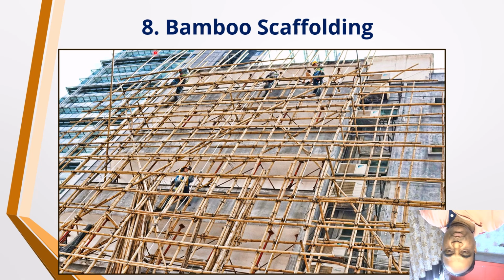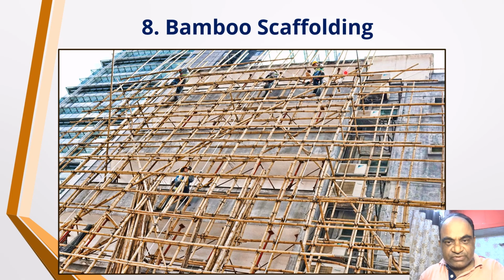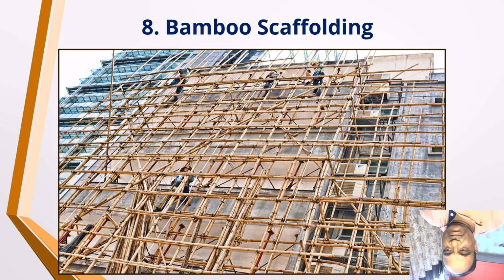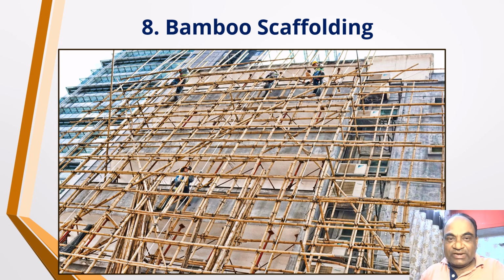So this is a bamboo structure, scaffolding structure, very high rising scaffolding has been constructed. As you can see, the person is working at a fair height, and this is a 100% indigenous product, you can say, for India.